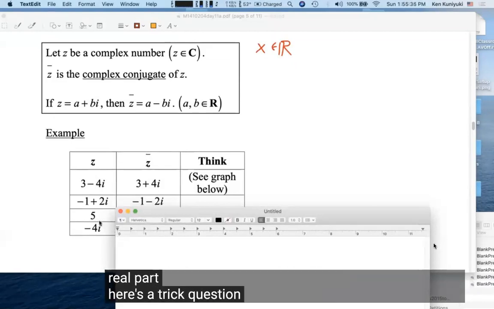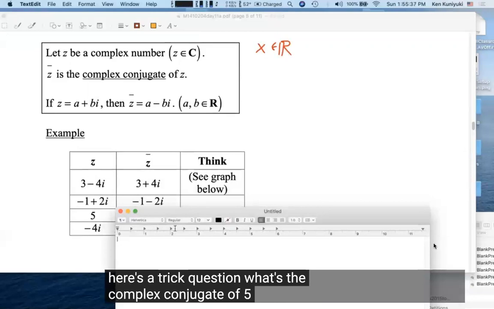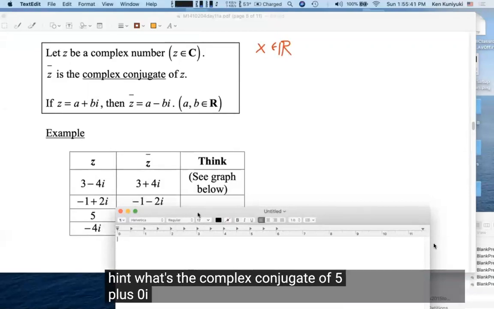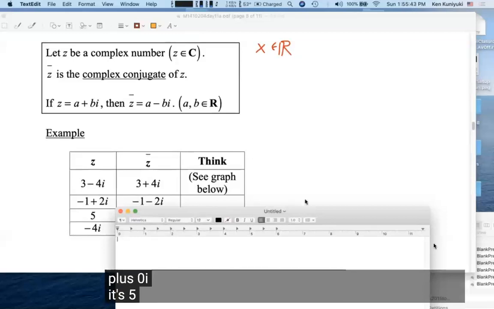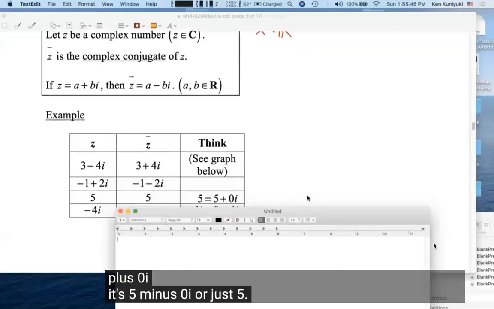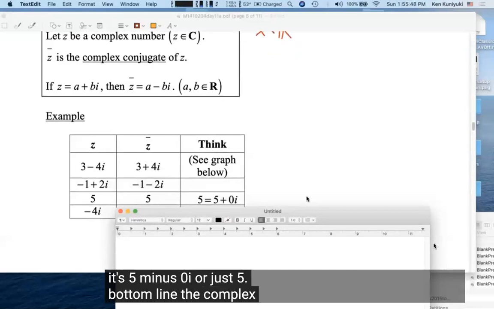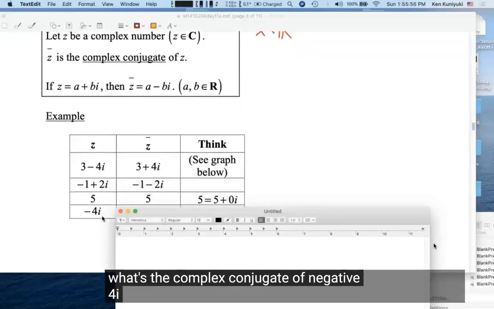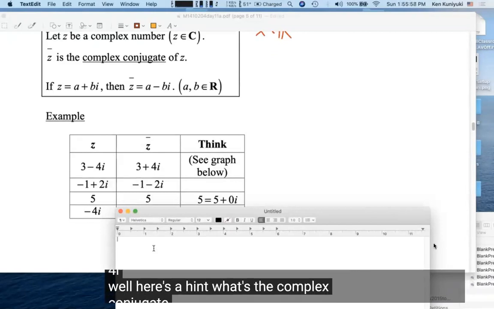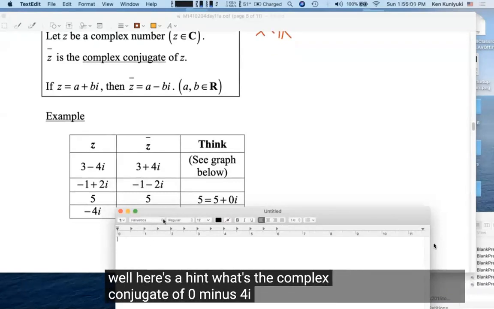Here's a trick question. What's the complex conjugate of 5? Hint, what's the complex conjugate of 5 plus 0i? It's 5 minus 0i, or just 5. Bottom line, the complex conjugate of a real number is just itself. Finally, what's the complex conjugate of negative 4i? Well, here's a hint. What's the complex conjugate of 0 minus 4i?